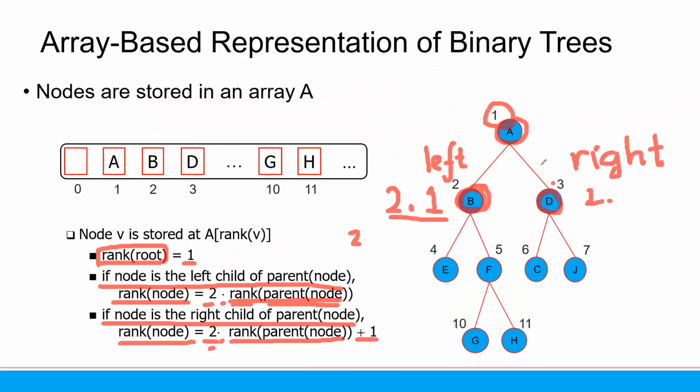What is the parent node? A. What is the rank of A? It is 1. 2 multiplied by 1, and then plus 1. So 2 multiplied by 1 is 2, plus 1, the result is 3. Then the rank of D is 3.